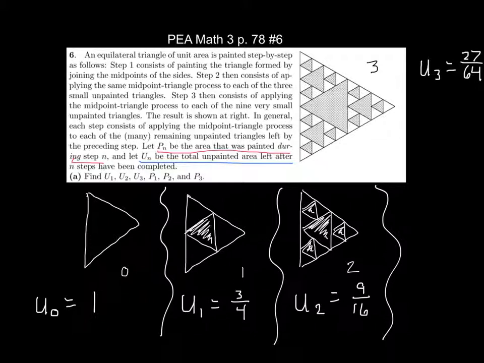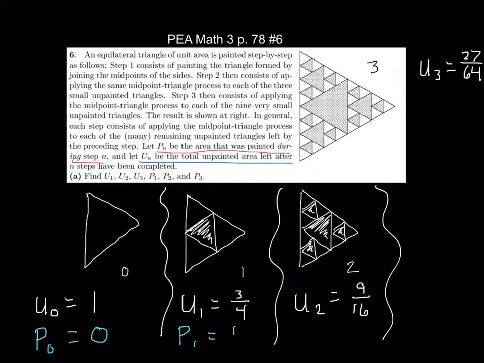All right, let's do P of 0. P of 0, how much of this triangle is painted during that step? None. So P of 0 is 0. P of 1, how much of the triangle is shaded after that step? 1/4.